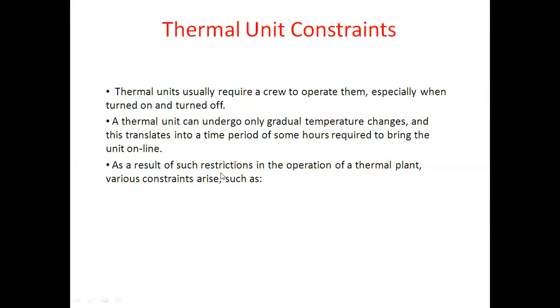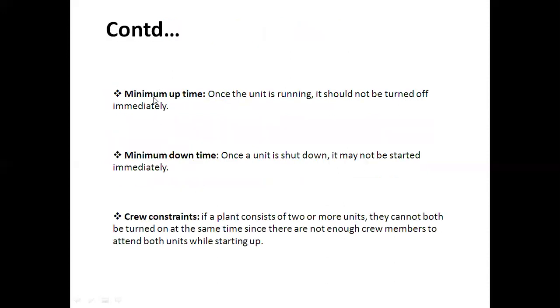As a result of such restrictions in the operation of a thermal plant, various constraints arise. One is called the minimum uptime. Once a unit is running, it should not be turned off immediately.